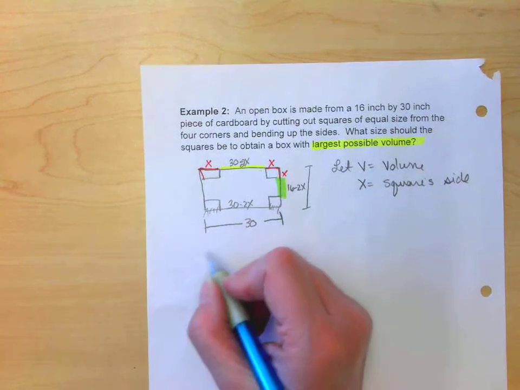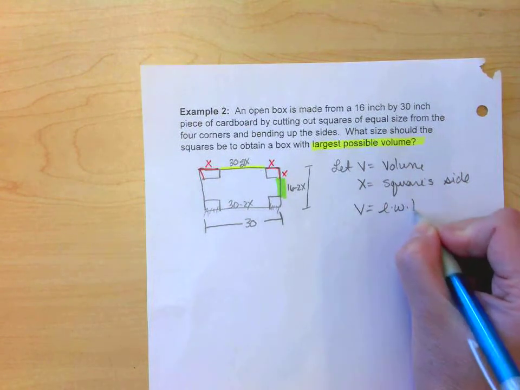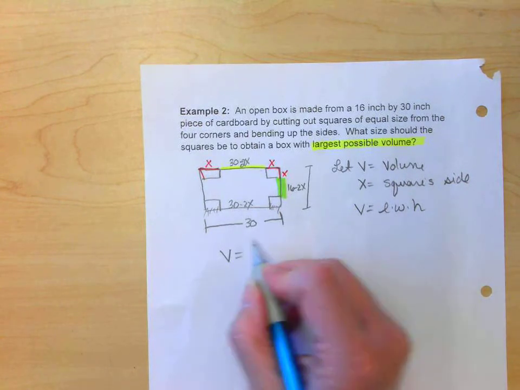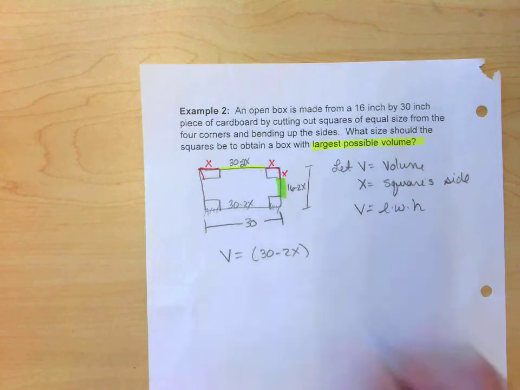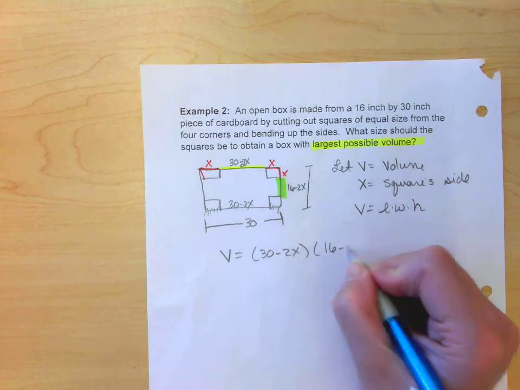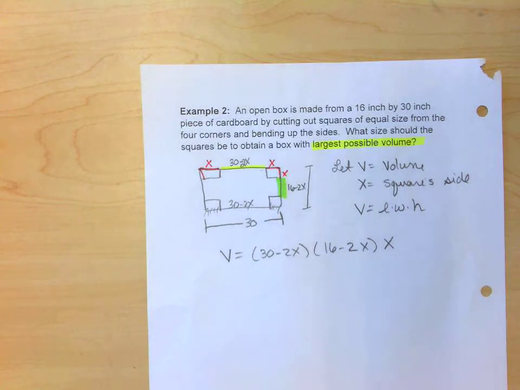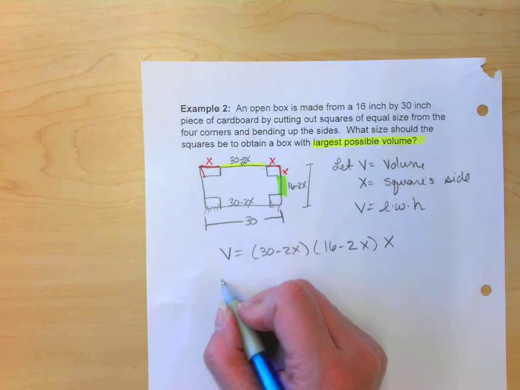Now I can write a formula for volume, length times width times height. The length is going to be 30 minus 2x, the width is going to be 16 minus 2x, and the height, when I fold those sides up, will be x units tall.